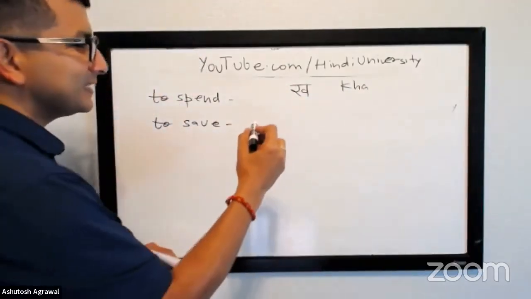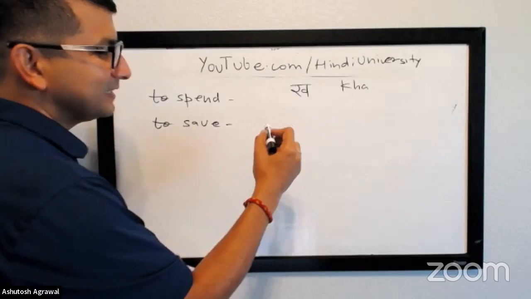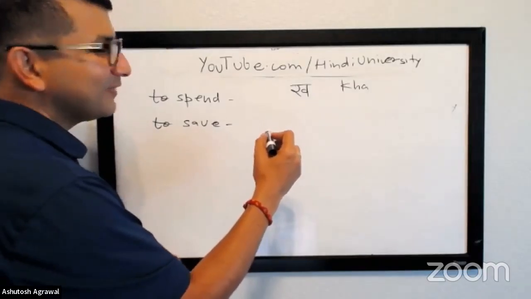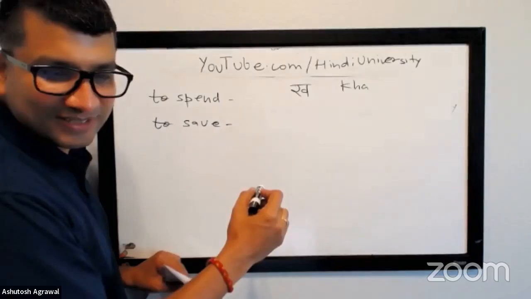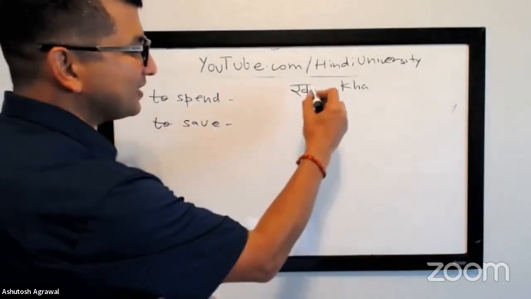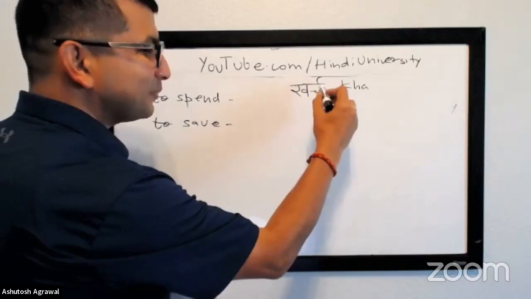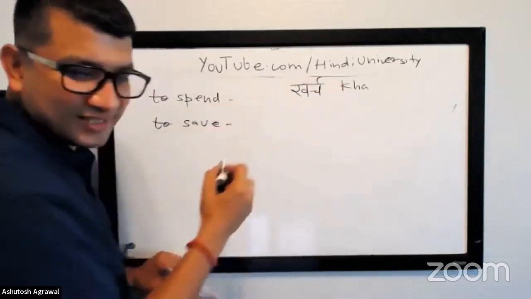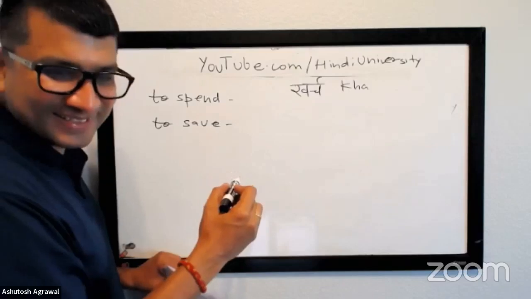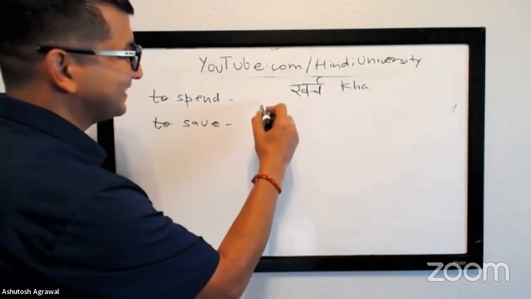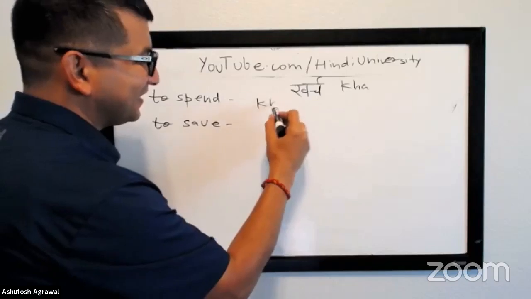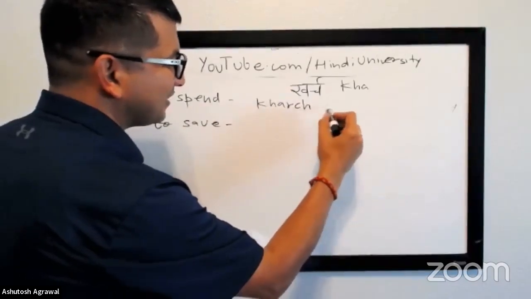To spend is... Bechana? Have you heard of this one? Kharch. I have actually heard of this. What is the verb? So is it kharch karna? Very good. Kharch karna.